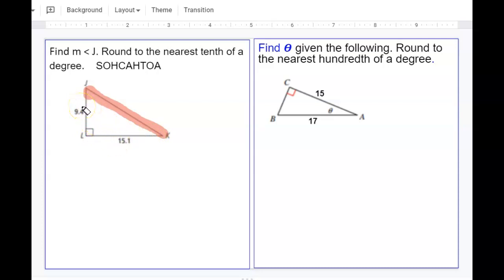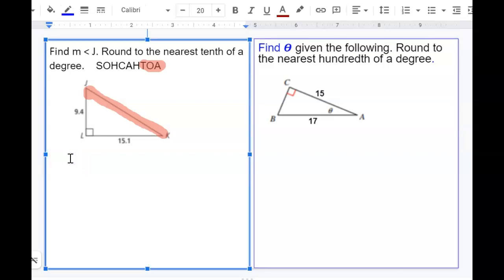So what you ask yourself is, which trig ratio relates the opposite and adjacent? Well, if you look at your SOHCAHTOA to guide you, you see that it is tangent, because tangent is opposite over adjacent. So we're going to use tangent to set up our equation.